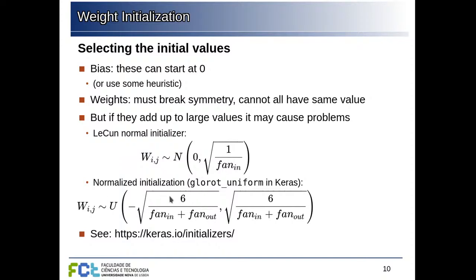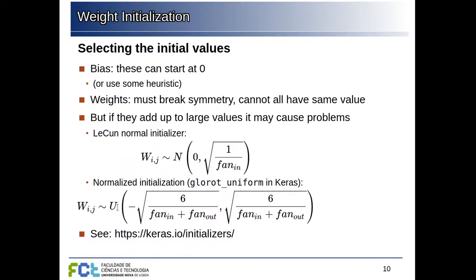This is called Glorot uniform in Keras. This is normalized initialization, and I think this one is the default currently. It uses both the inputs and the outputs of the neuron. So fan in are the inputs to the neuron, fan out are those neurons that will receive the output of this neuron in the next layer.